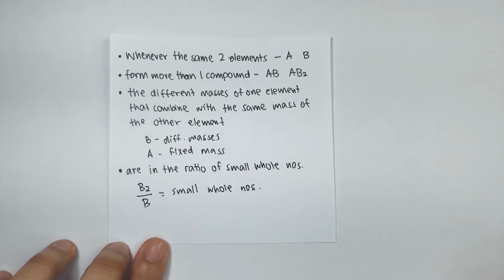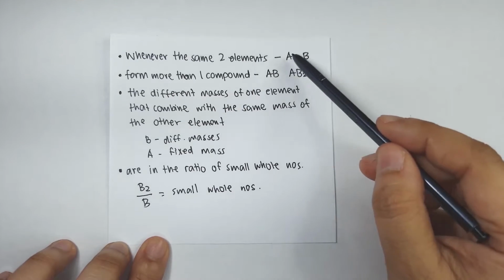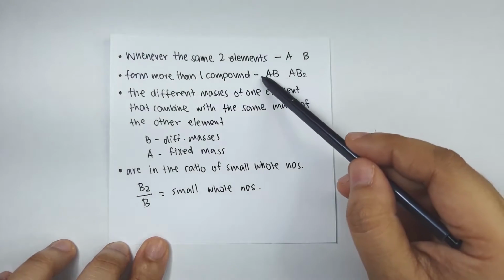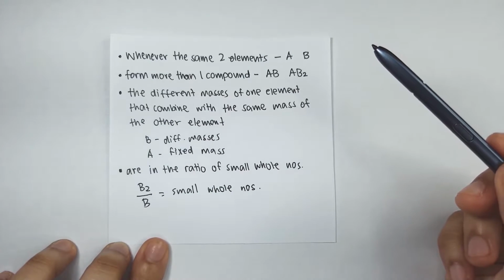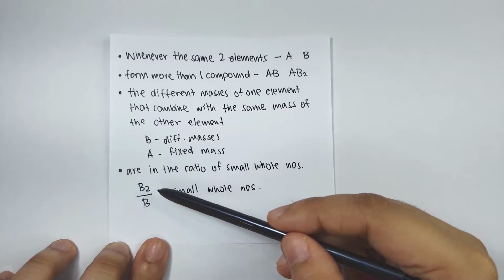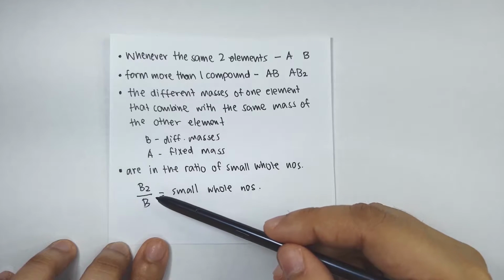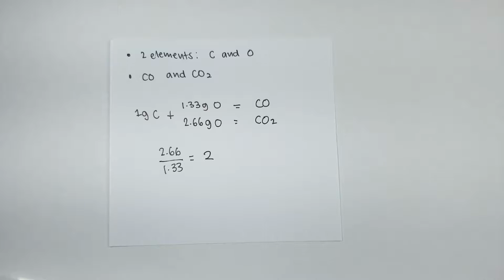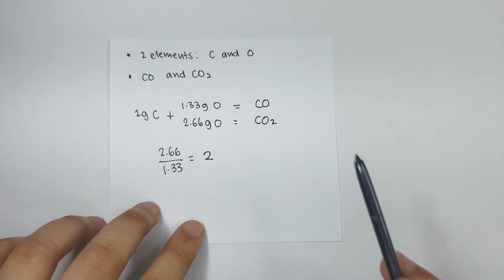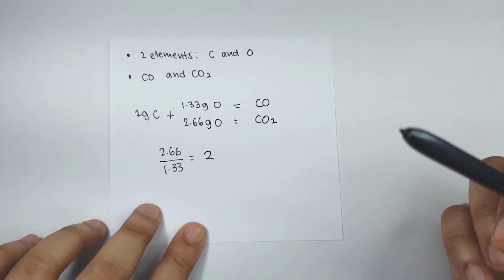So let's repeat. If elements A and B react to form two compounds, AB and AB2, the different masses of B that combine with the fixed mass of A can be expressed as a ratio of small whole numbers. So for example, you have elements C and O, carbon and oxygen.